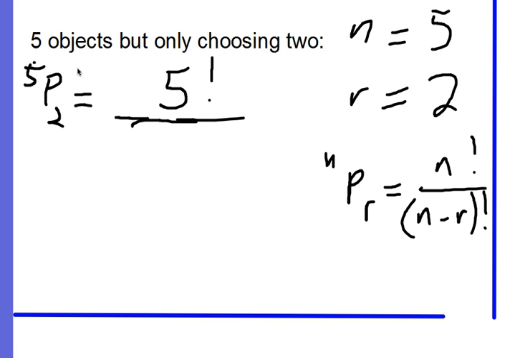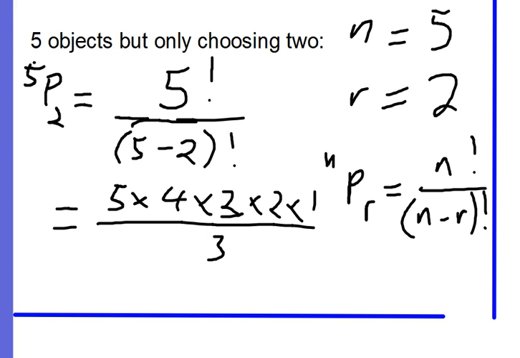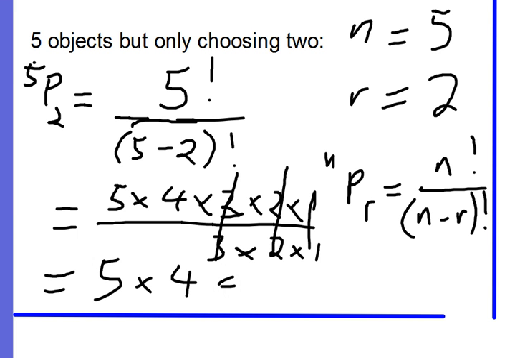So, using the formula, we know our n is 5, and our r is 2. All right, and what this will do is go 5 times 4 times 3 times 2 times 1. Sorry, that's a 3. But underneath we get 5 minus 2 is 3. 3 factorial would be 3 times 2 times 1. So what happens is these cancel and leave us with 5 times 4, which is 20.